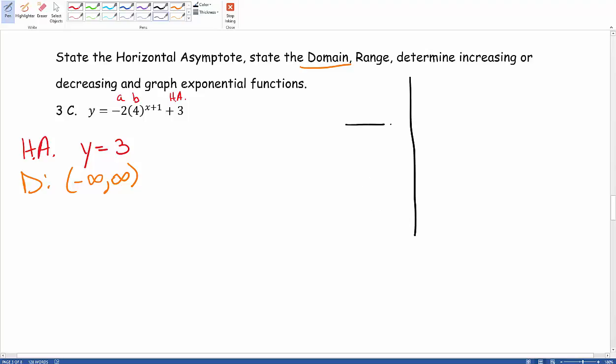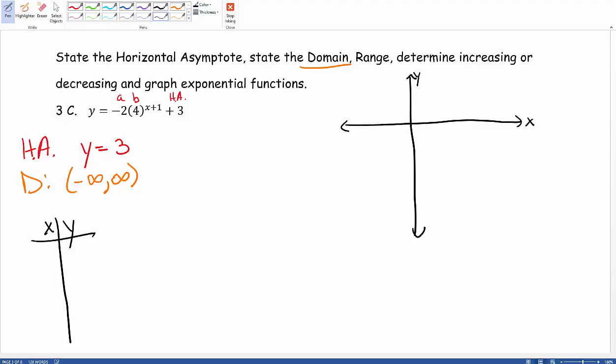And to graph this, we're obviously going to need to make an XY table. So here is our XY table. Just thinking ahead, we want nice exponents that make our life a little easier. We know that anytime we have a 0 for that exponent, that's going to make our lives a little bit easier.